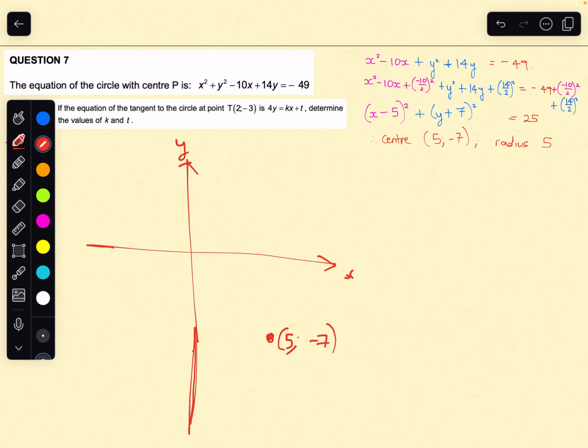So we're going to have a point over here: minus 7 plus 5 is minus 2. Then if we go straight across from the center 5 units, because that's the radius, that will give us another point on the circle. And if we go 5 units down from here, we end up there. And if we go 5 units across to the right, we end up with that.